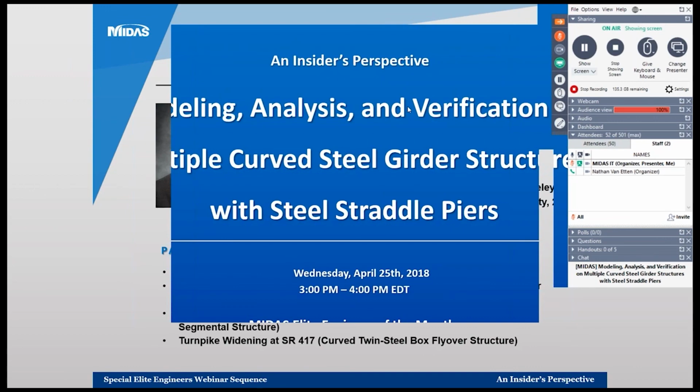Okay. Did you modify the stiffness of the rigid link between column and straddle bent to match the stiffness of the bearing pad? In this particular instance, I did not. There is certainly merit to doing that. It all depends on the type of bearing that you have.